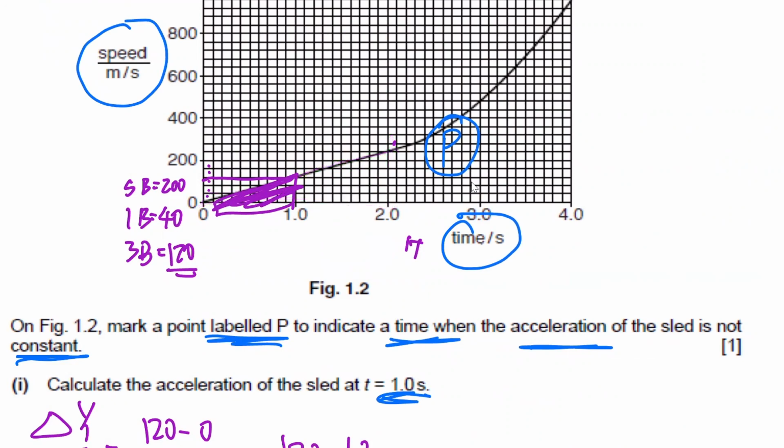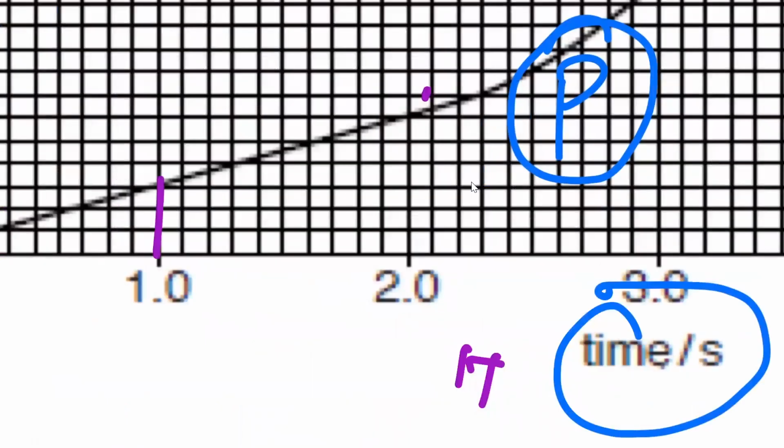Alternatively, you could do what I usually do. You could separate this part into a triangle, find the area here first, then find this rectangle and this area also. Alternatively, which is what I will usually do, I'll straight away see that this is a trapezium.